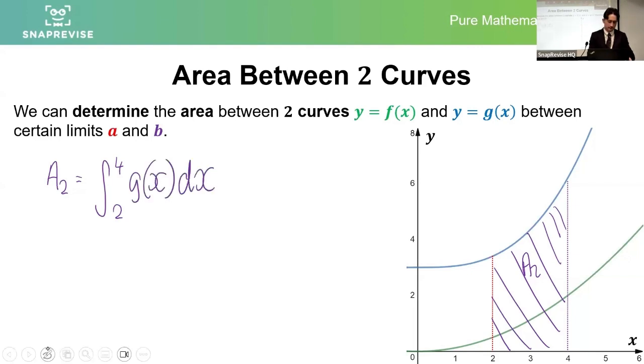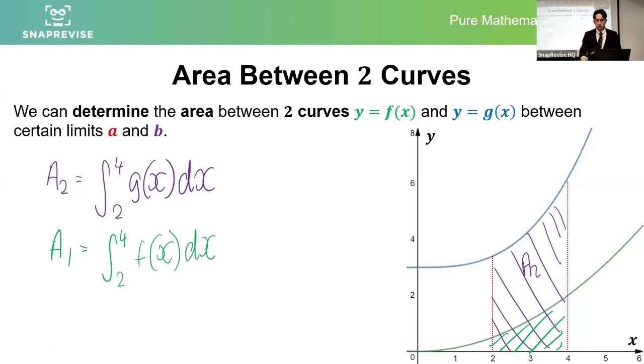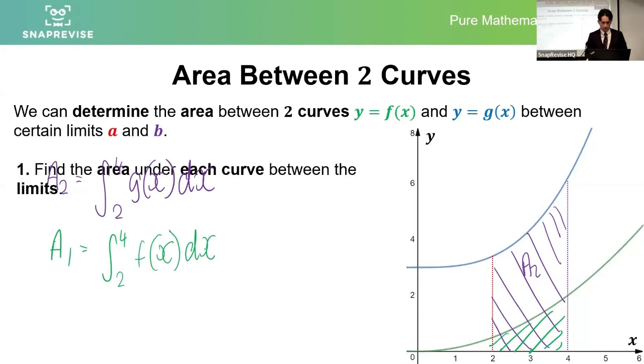And area 1 is the smaller one under this curve, which is the integral between 4 and 2 of the f function. Then the area between them is area 2 minus area 1. Okay, so basically find the area under each curve and subtract them.